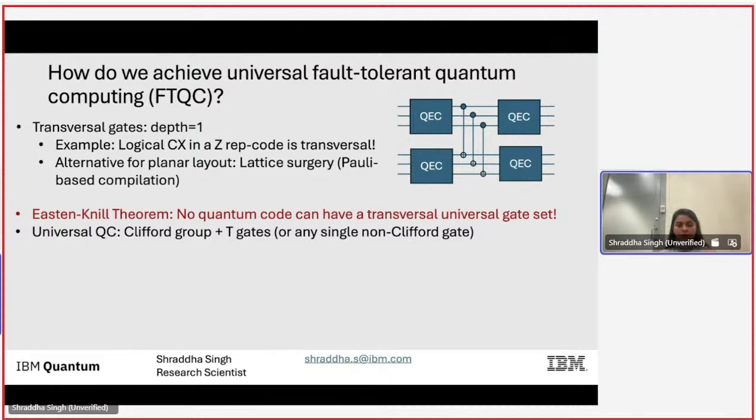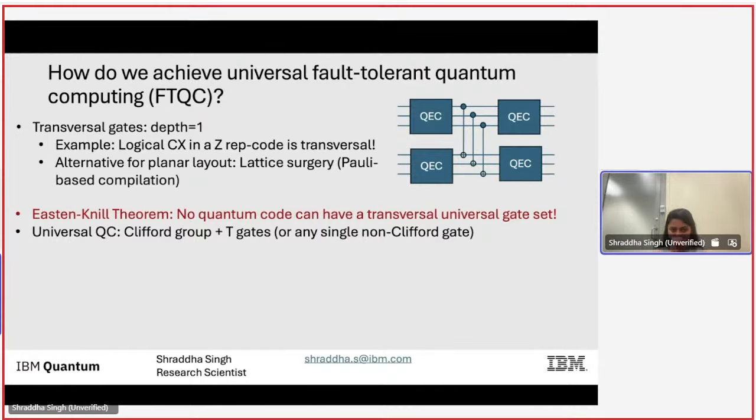We need to implement all of these gates, the Clifford group as well as the T gate. And generally, what we find is that the T gates, or basically the non-Clifford gates in the universal set, do not have a transversal implementation in 2D topological, 2D local codes.